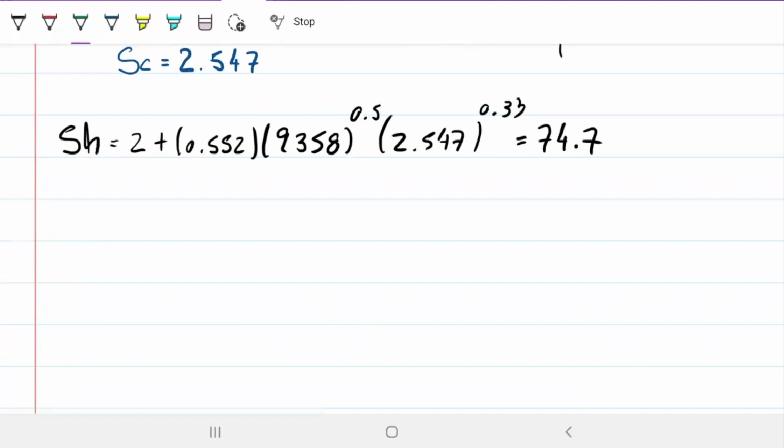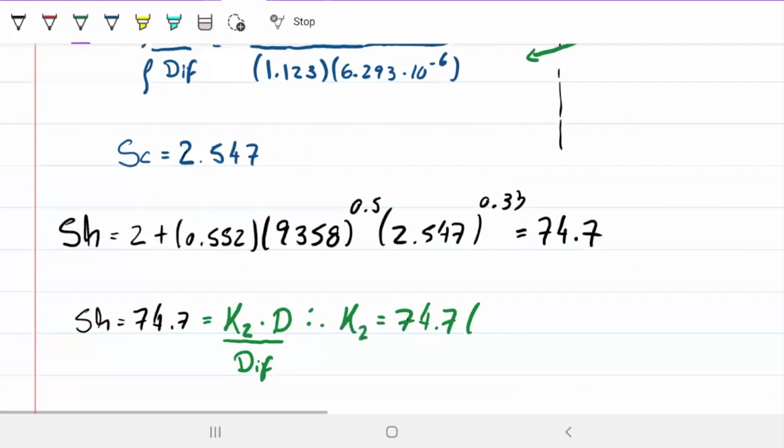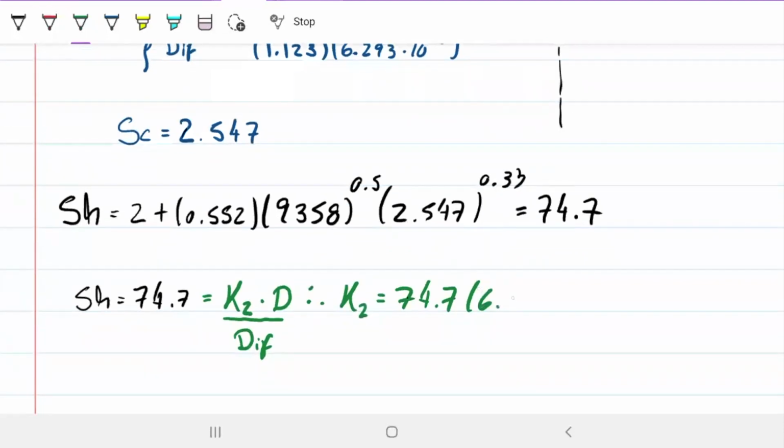What is K? Well, let's remember that Sherwood is 74.7. And you know this has to be equal to K, in this case K for 2, times the characteristic length divided by the diffusivity or diffusion coefficients. So therefore, K2 equals 74.7 times the diffusion coefficient, which is 6.293 times 10 to the minus 6 divided by the diameter of the ball.